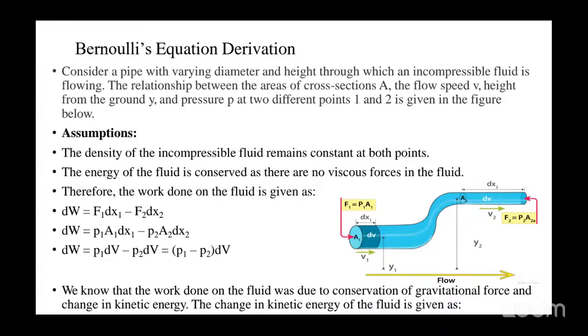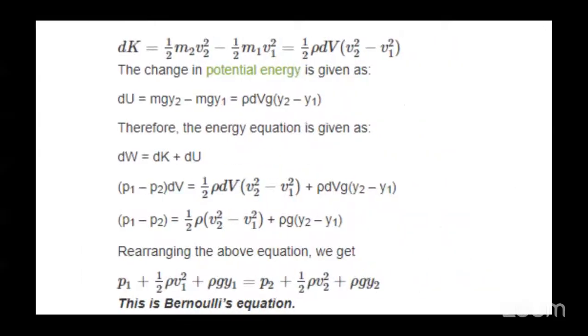The expression becomes P1 plus half rho V1 square plus rho GY1, which is equal to P2 plus half rho V2 square plus rho GY2.